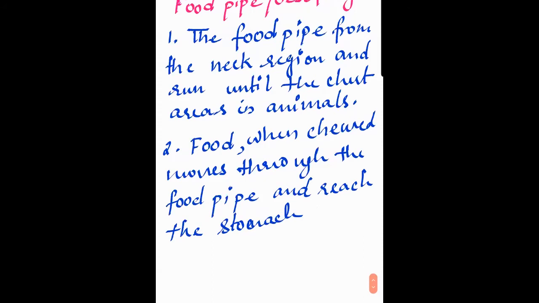What is pharynx? Pharynx is an area where esophagus starts and mouth ends. Okay, so that area is a pharynx. So pharynx is a connecting link between the esophagus and the mouth. It is a part where food and air both go through. So pharynx serves as a common pathway for food and air.